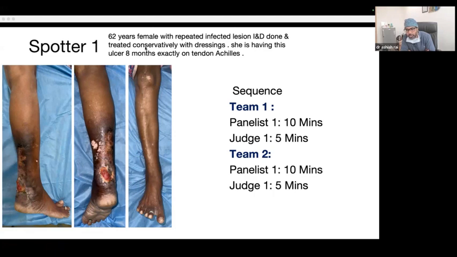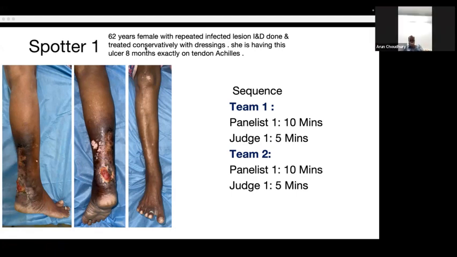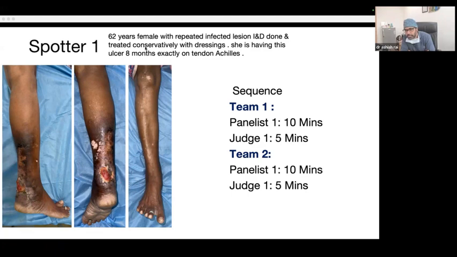So now you had some time to think of it as an ulcer. Think of it as any non-healing ulcer, which is 8 months old. So some basic other test which one should always do. Think about it. These patients when they come to OPD, there are some tests which you like to do.